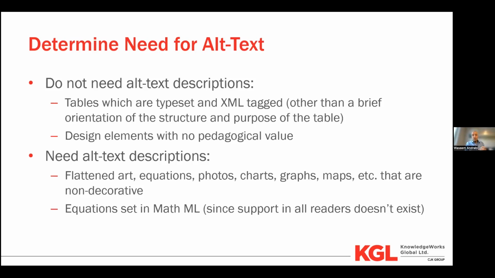What tables do need, though, is a brief orientation of the structure and the purpose of that table. This information provides valuable content for a user who is about to be presented with an array of data, for example, right? Screen readers usually accommodate this by announcing that information when the user gets to that table.